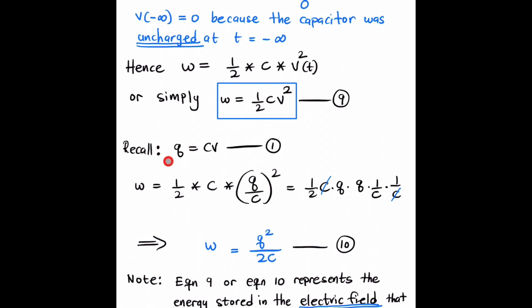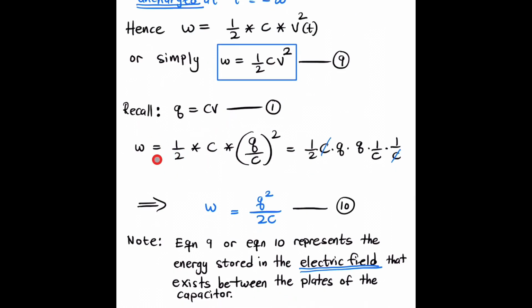Recall that the charge per plate is equal to the capacitance times the voltage. This is equation 1 that we derived earlier. I just wrote it down here for convenience.